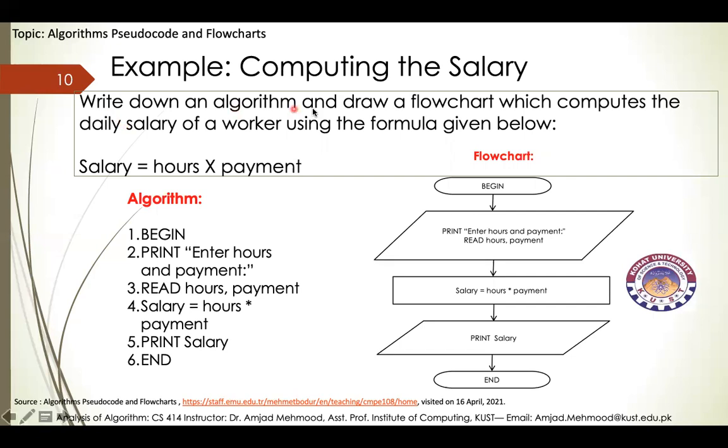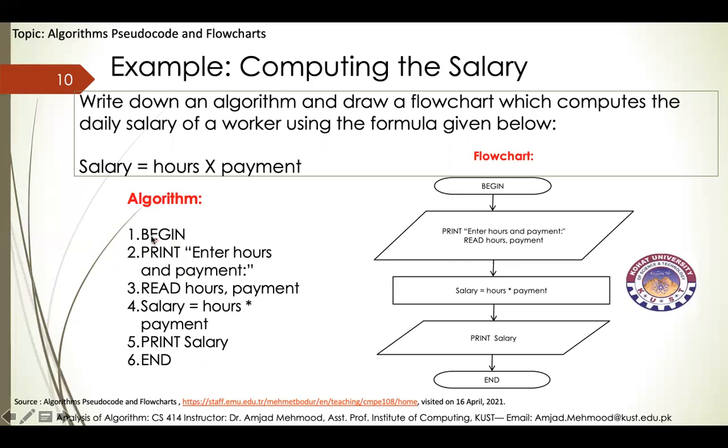Write an algorithm and draw a flowchart which computes the daily salary of a worker using the formula given below. For example, salary is calculated by hours multiplied by payment. As we know, this is an algorithm, or you may call it pseudocode.